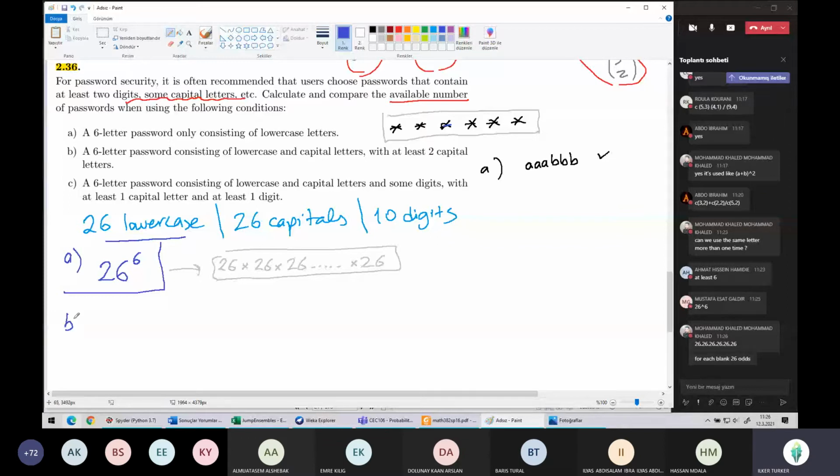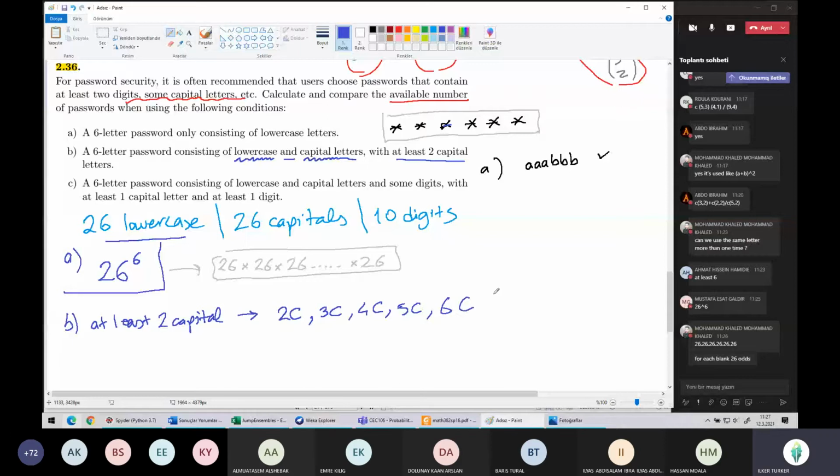Part B says a 6-letter password consisting of lowercase and capital letters with at least 2 capital letters. At least 2 capital means 2 capital, 3 capital, 4 capital, 5 capital, or 6 capital.